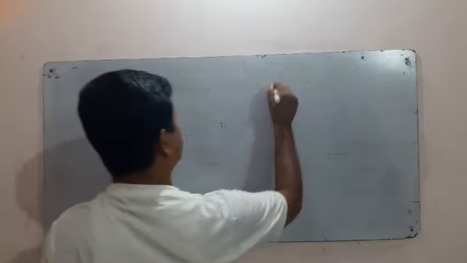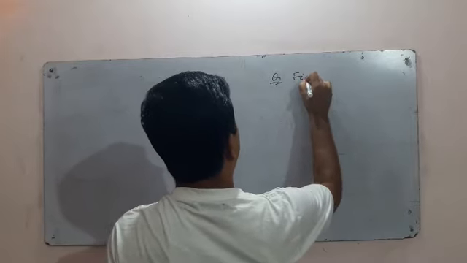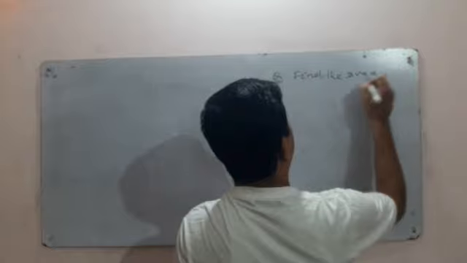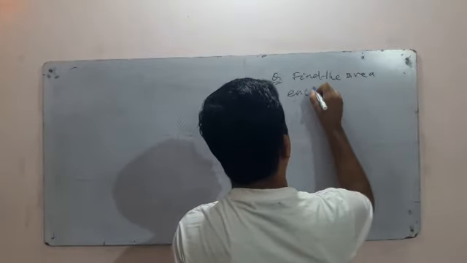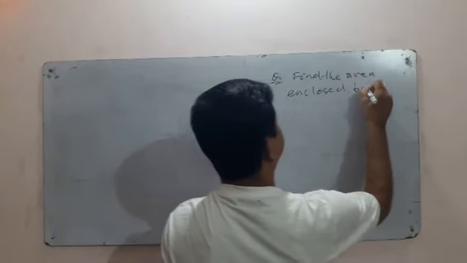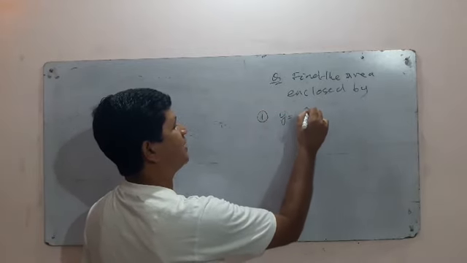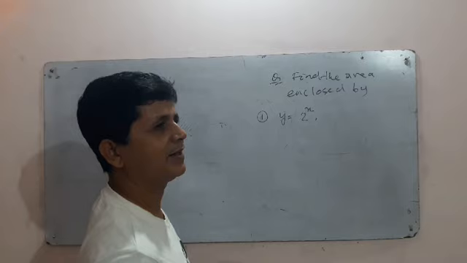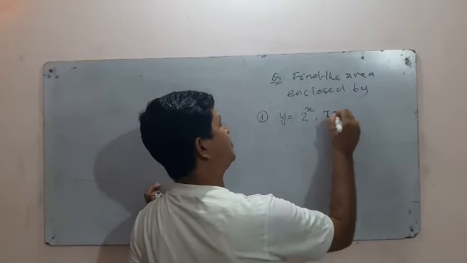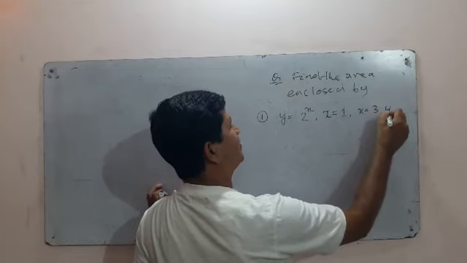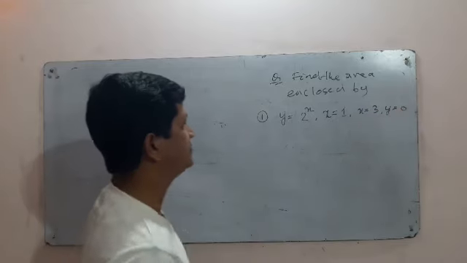Find the area enclosed by: first, y equal to 2 to the power x, x is equal to 1, x is equal to 3 and y equal to 0.